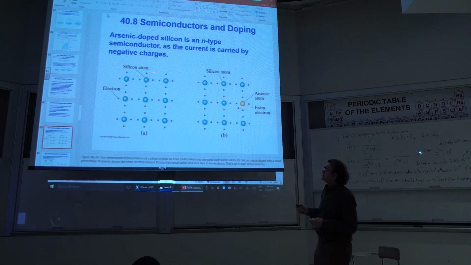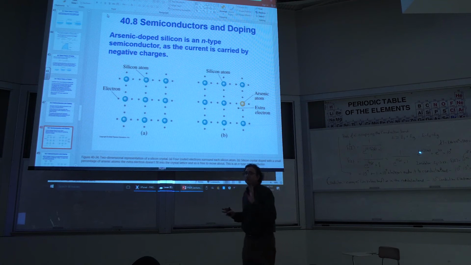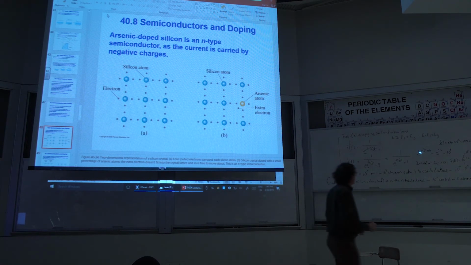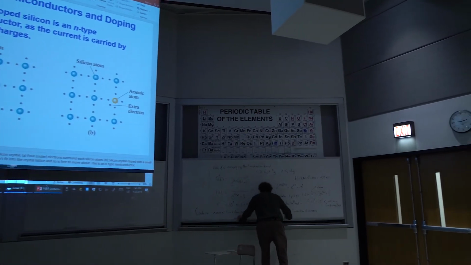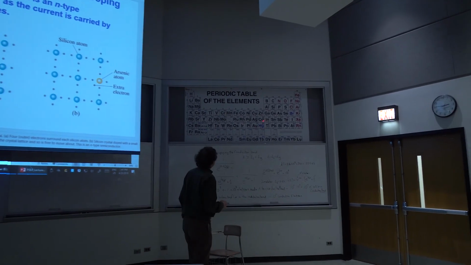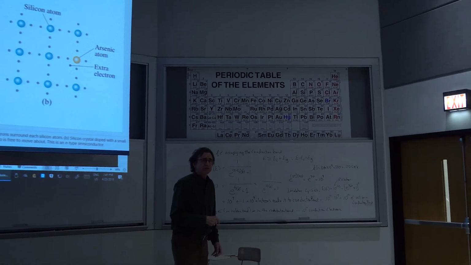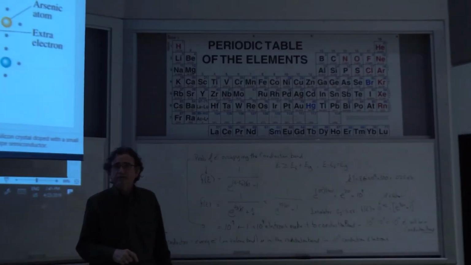The atomic structure of silicon is such that there are four valence electrons. There are 2 in the 2s, and there are... well, these don't show the valence.